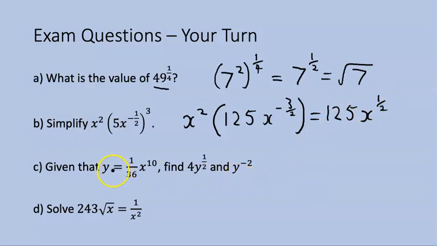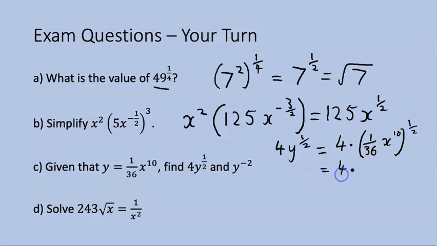C. I need to find 4y to the half and y to the minus 2. So let's deal with 4y to the half first. That's equal to 4 multiplied by 1 over 36, x to the 10, all taken to the power of a half.